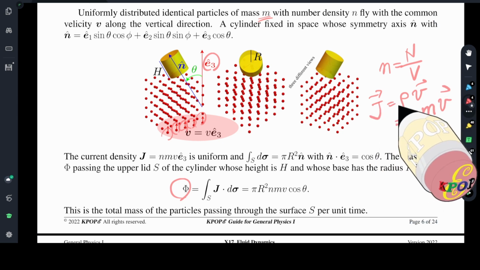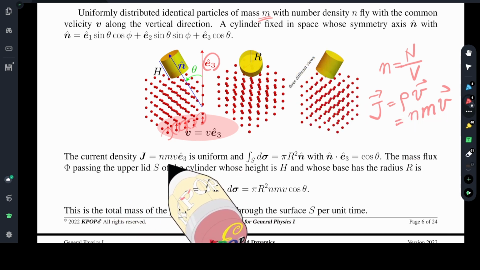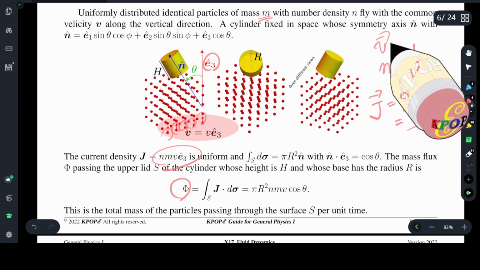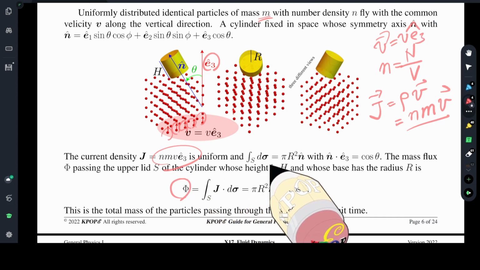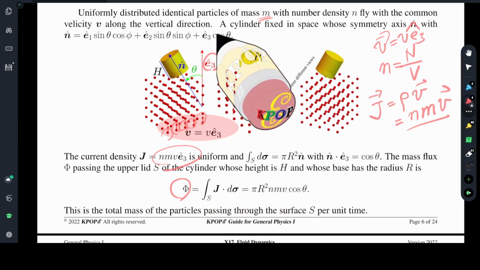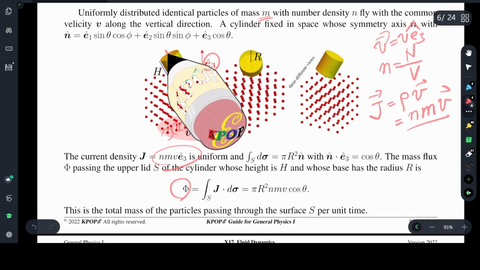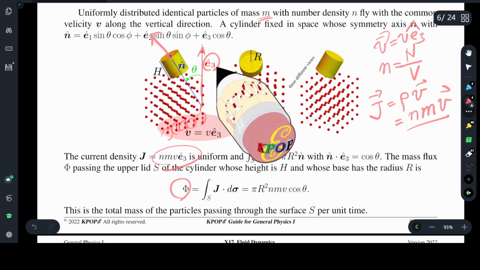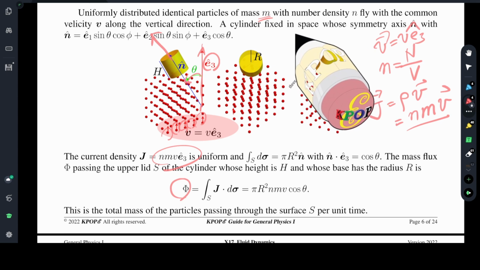And we are interested in computing the flux. The current density is given here, and v equals v times e3 hat. We have a cylinder extended in space with a symmetry axis. The symmetry axis makes an angle theta relative to e3 hat.